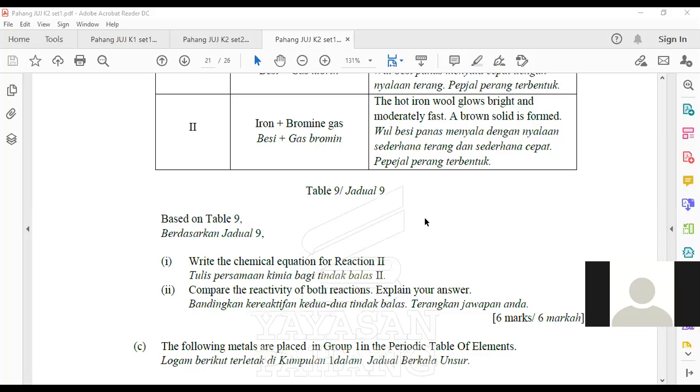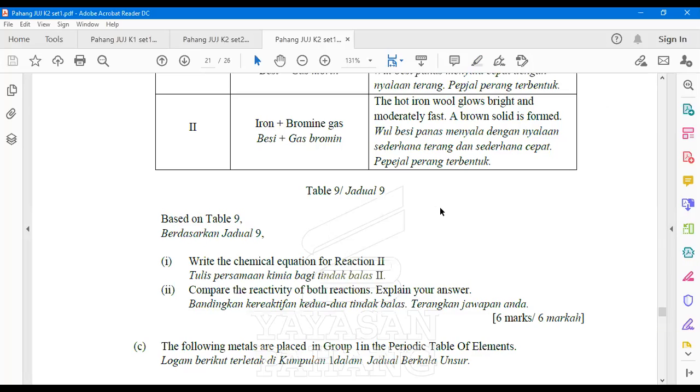When the distance becomes further, then what happened to the force of attraction? We are going to tell the force of attraction of the nucleus towards the electrons in chlorine atom is weaker or stronger. Which is stronger? Chlorine. Yes, in chlorine atom is stronger.